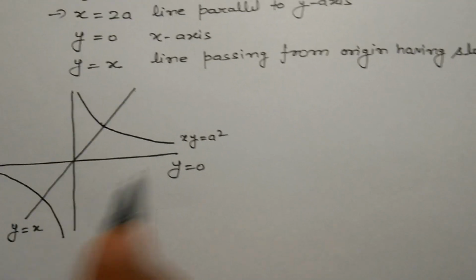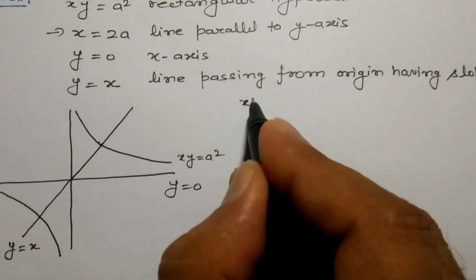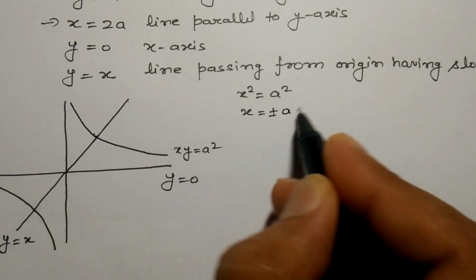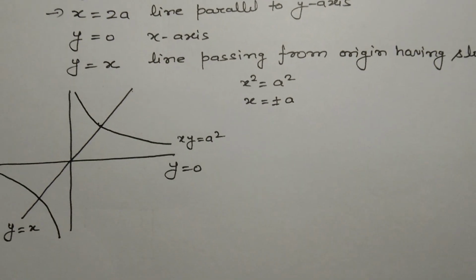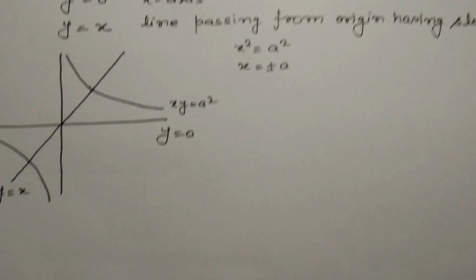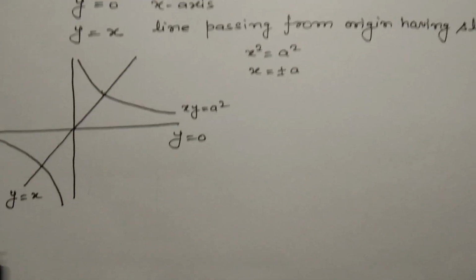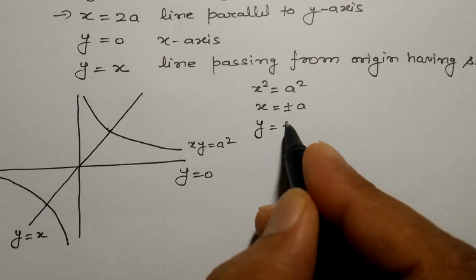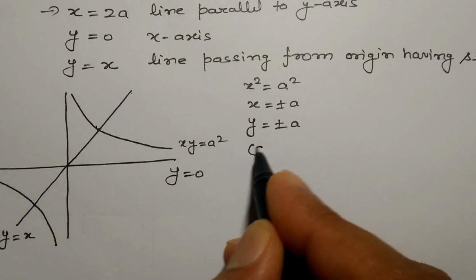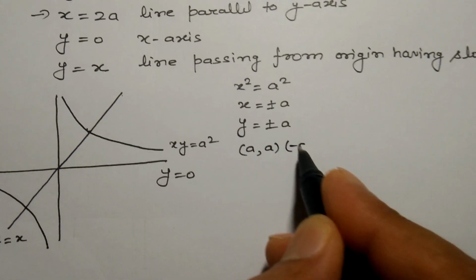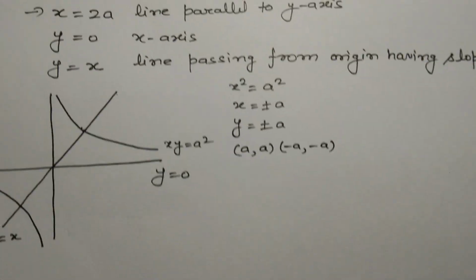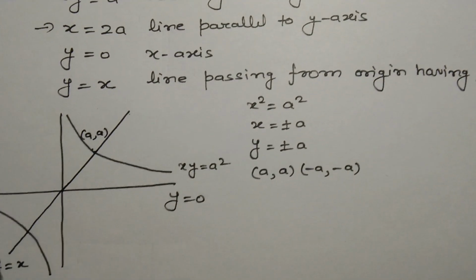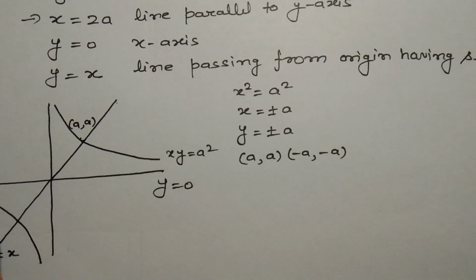I can put x in place of y. So this will become x square is equal to a square, so x is plus minus a. And if I put x is plus minus a in the equation of the line y is equal to x, then y will also be equal to plus minus a. So the points of intersection are a comma a and minus a comma minus a.